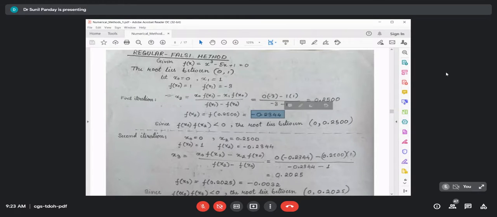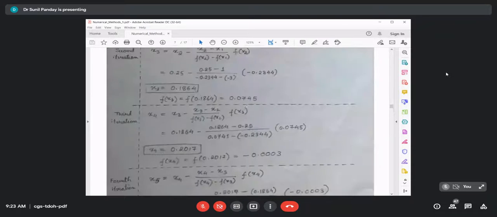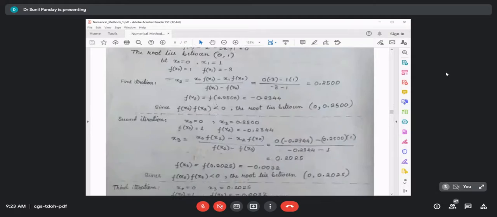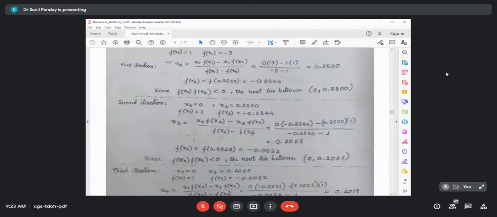So you can see that f of x1 is negative and f of x2 also turned out to be negative. And you can see the first iteration of secant also, because the first iteration is the same, we are getting the same value here, but in secant we are not bothering about the product of f of x1 into f of x2, but here in regula falsi we have to check that condition.